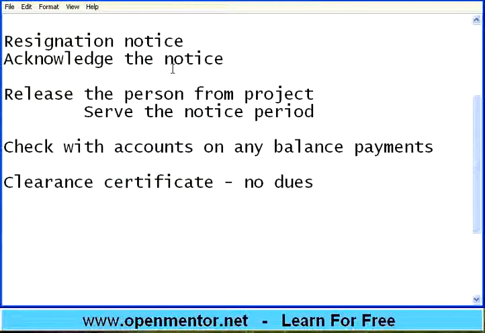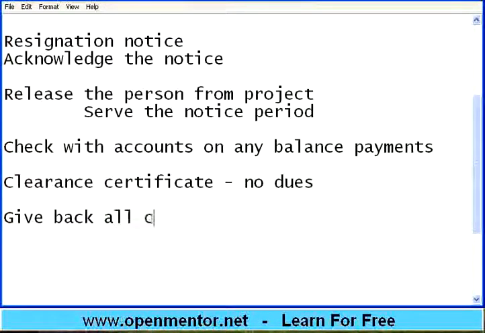Then there are other departments, correct? The person has to submit back the access card or some of the machines or laptops or cell phones given by the company, hand them back over to the company because they are all company assets, right?